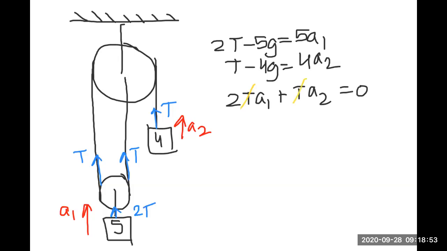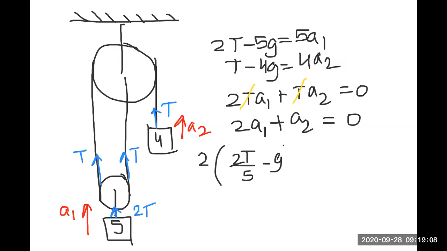T and T cancel. I got 2A1 plus A2 is equal to 0. What is the value of A1? 2T by 5 minus G. What is the value of A2? T by 4 minus G is equal to 0.